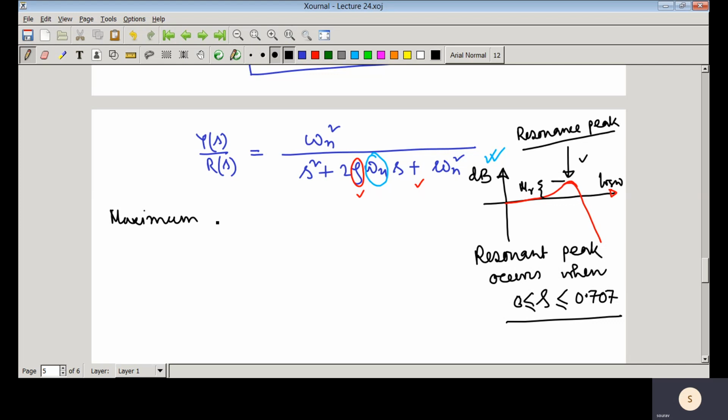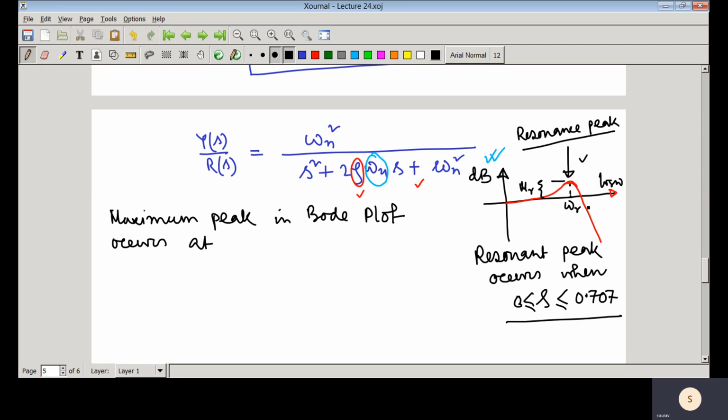Again I am telling, this peak is in the frequency domain, and we are discussing that closed loop frequency response. So the maximum peak in the Bode plot, which we have done for that closed loop transfer function, occurs at this particular frequency, that is omega r.